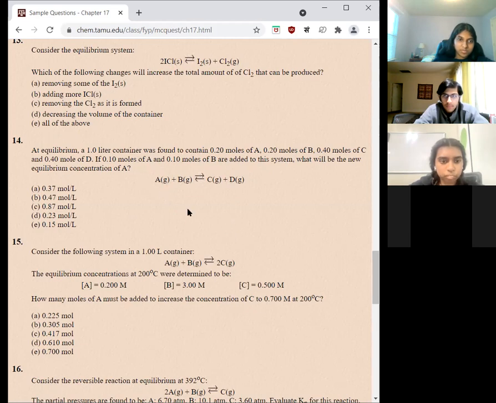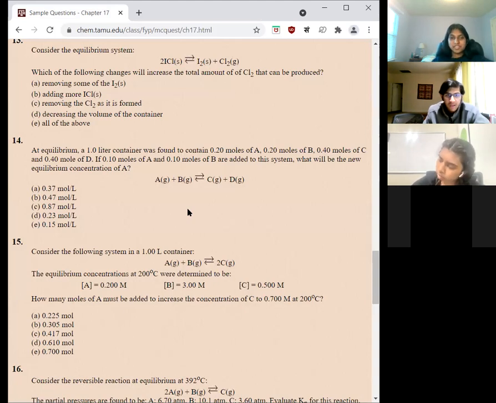So this has the scent of a ICE problem, but I'm not sure. Doesn't it seem like an ICE problem? I think so, because it says increase the concentration. So yeah, I think it is.